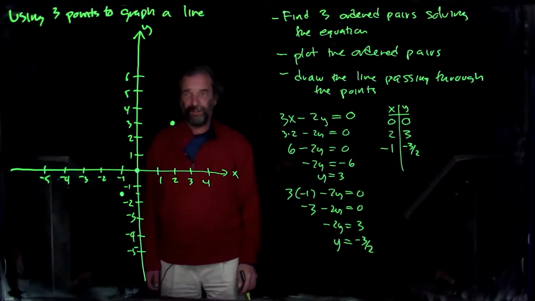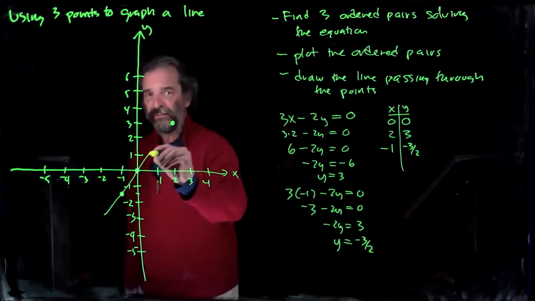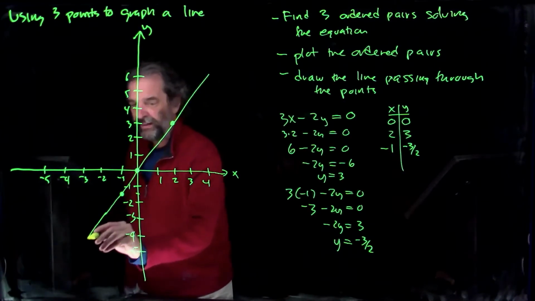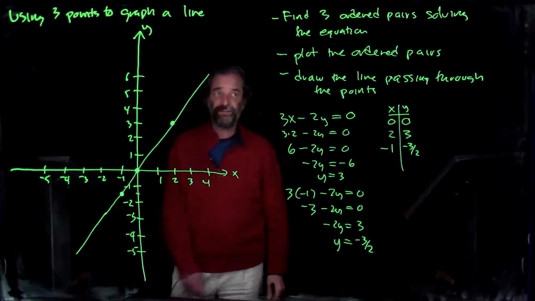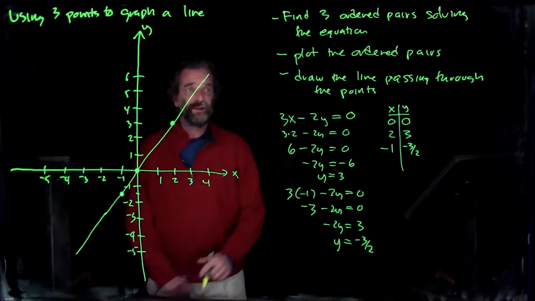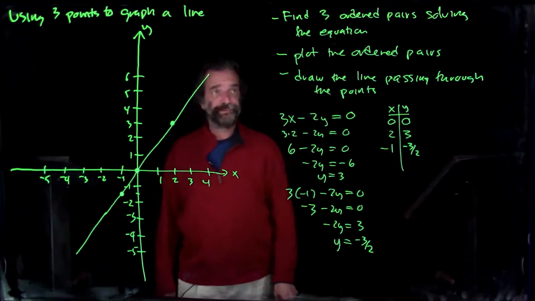Seems like we haven't made a mistake there, so we'll just go ahead and sketch in the line connecting those points. In theory, this line extends forever in each direction. And every point that's on the line, if we could read the coordinates off of it carefully, the x and y would solve 3x minus 2y is equal to 0.